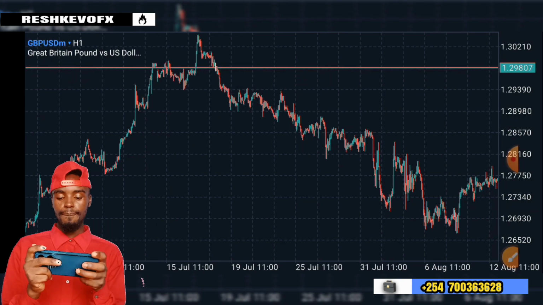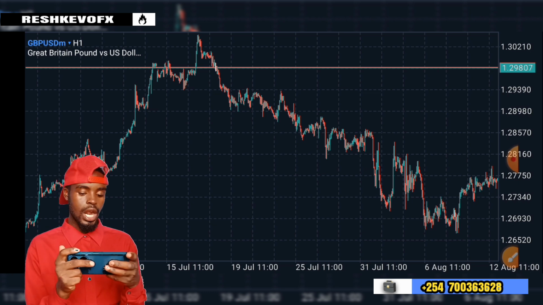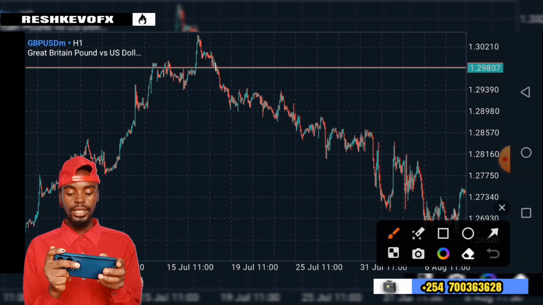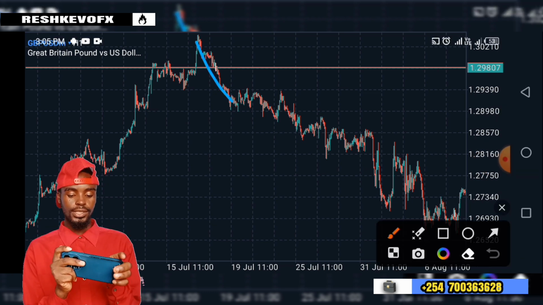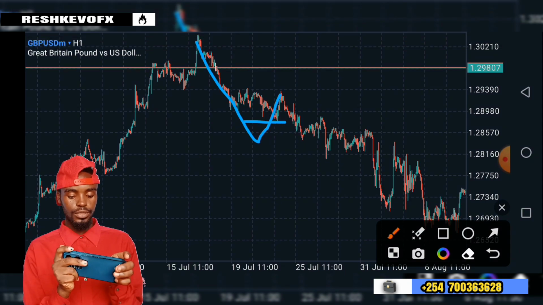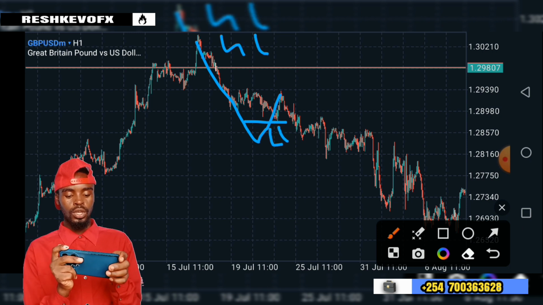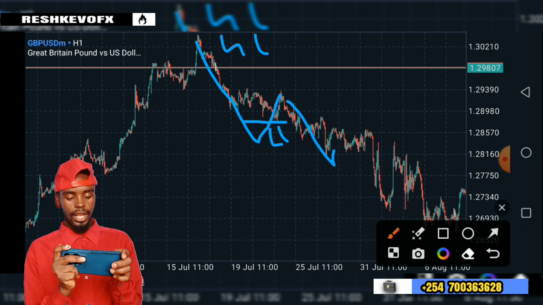This is another example where we have the downtrend. You can see this is a downtrend, a bit of correction. We tapped up to this point. This is a high, this is a low. We come down again, a sort of correction.